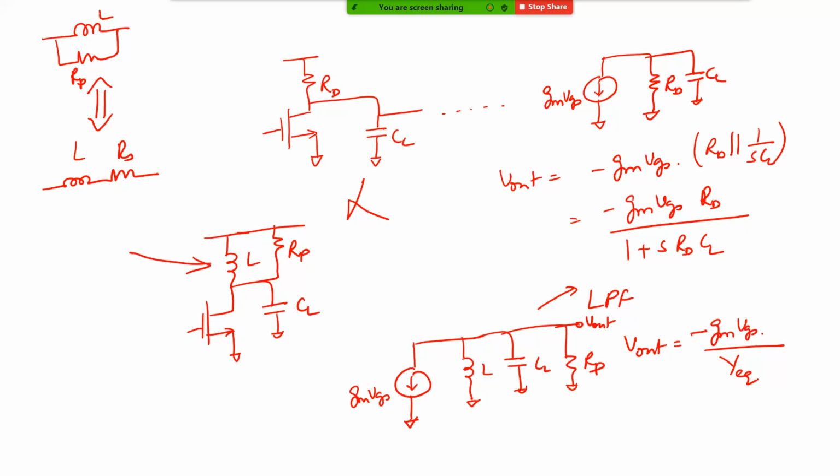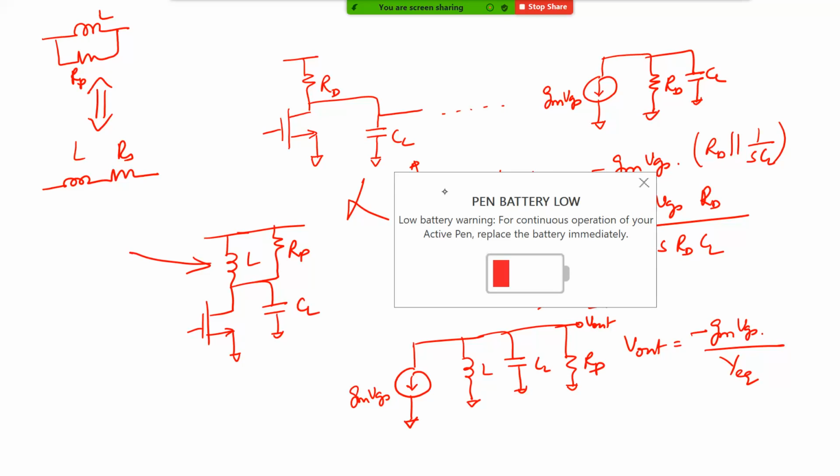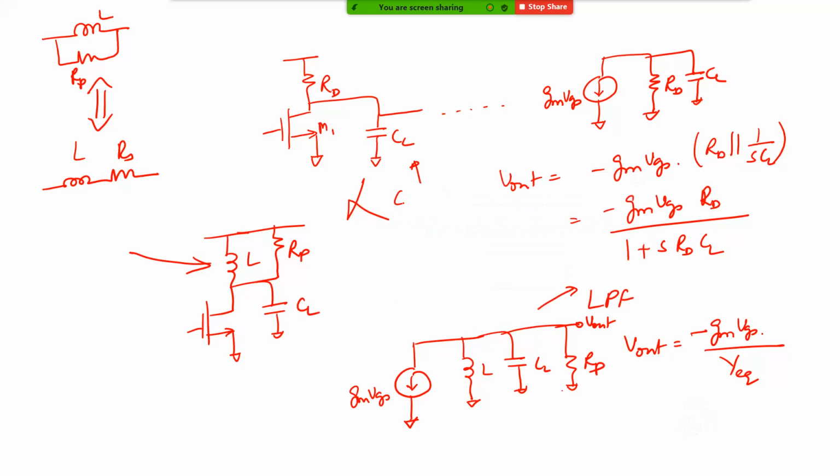If you design the value of inductor L such that it tunes out the total capacitance at this output node, which, as I mentioned, consists of the Cdb of this transistor M1, and also, as you would have studied in the Miller approximation, Cgd will also come, plus the input capacitance of the next stage, then the total capacitance at that output node has to be tuned out by this L such that it becomes a resonant network.